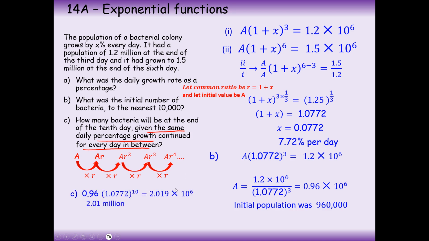So the index changes rather than anything else in this exponential model. It's an exponential model after all. So you will get just over 2 million as the answer. You can test it, put it in your calculator, and you should get the same answer.